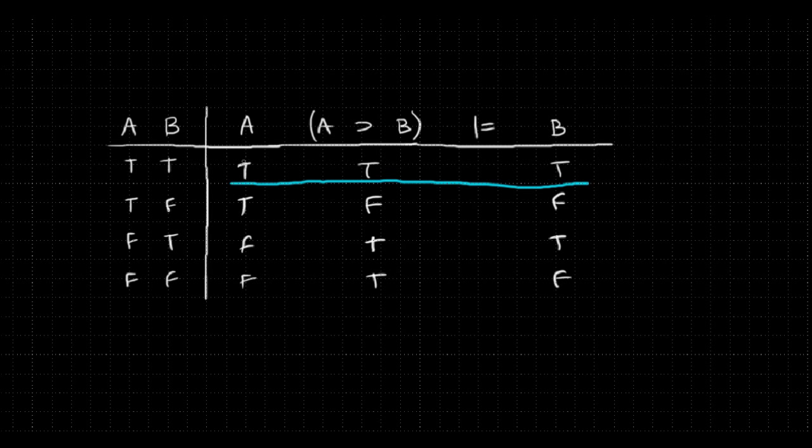So this is the only case in which both of the premises are true. What we said about deductive validity is, hypothetically speaking, if the premises are true, would the conclusion be true? And that's what we're doing. We're considering that situation. Both of the premises are true. Well, look, there we are, the conclusion is true. So this is deductively valid. And it's as simple as that to test for it with a truth table.